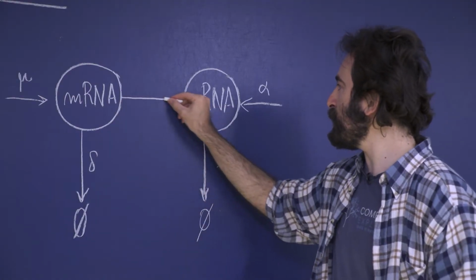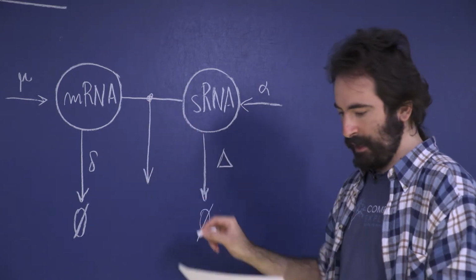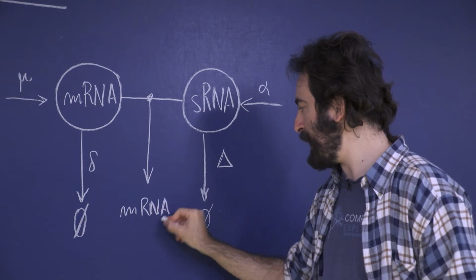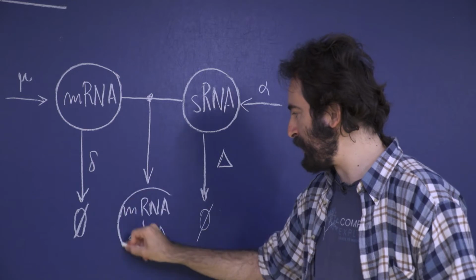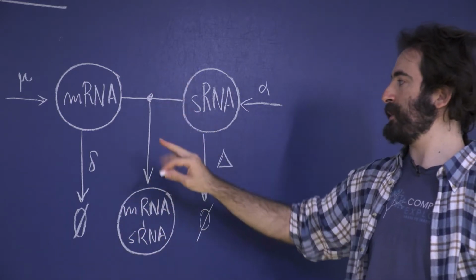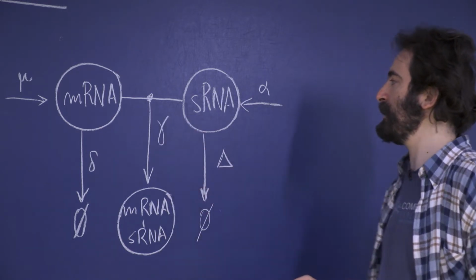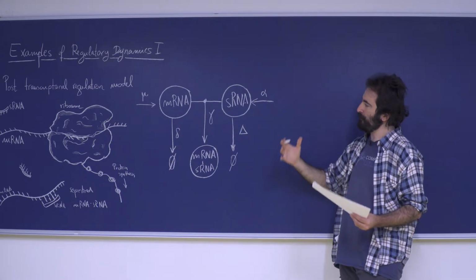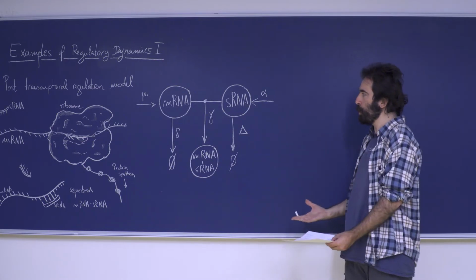Therefore, we need to invoke an interaction between these two that provokes this binding between mRNA and sRNA, which is, if you want, another sector of the population, but it just stays there and never comes back. So this is a one-directional arrow, and we're going to say that this is happening at rate gamma. So now we have our picture that allows us to define our ordinary differential equations, and from which we can start working with our tools.